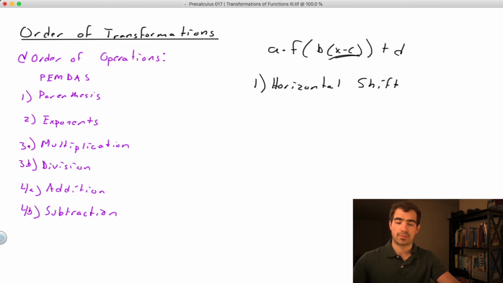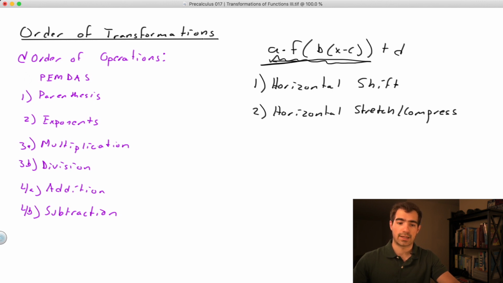Once we've done what's in the parentheses here, the next step in evaluating this algebraically would be to look at multiplying times b. In other words, a horizontal stretch or compression. From there, since we're all still multiplying, we want to make sure that we take care of the multiplying by a.